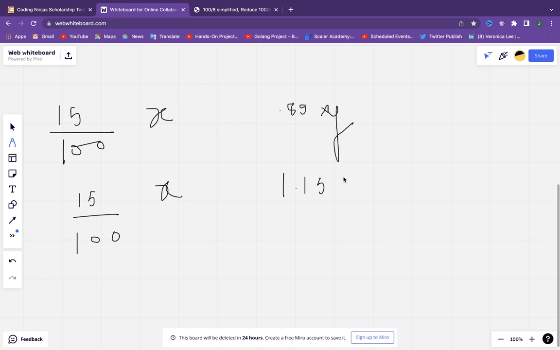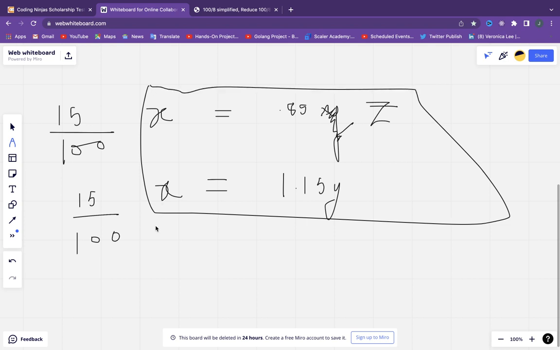So this X is equal to 1.15 of Y. But this has to be different, right? So this can be Z. So 0.85 Z is equal to X, and 1.15 Y is also equal to X. Now what? So we sold them for 2X, and we bought them for Z plus Y.